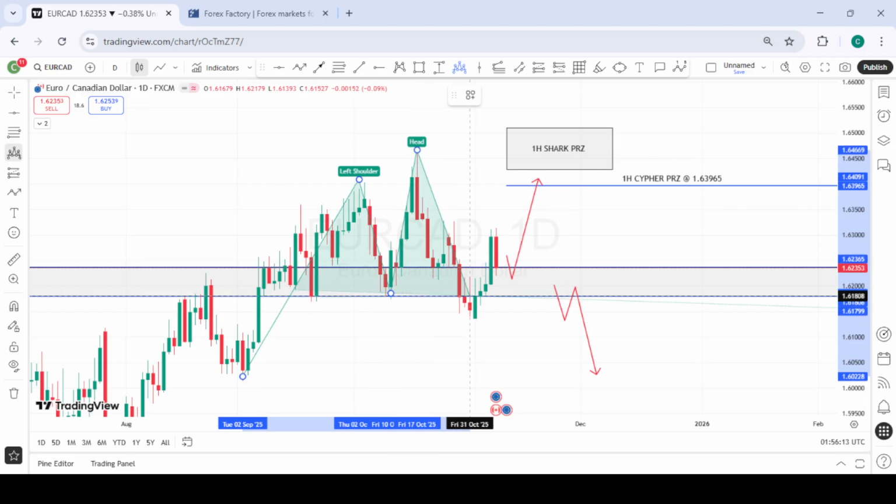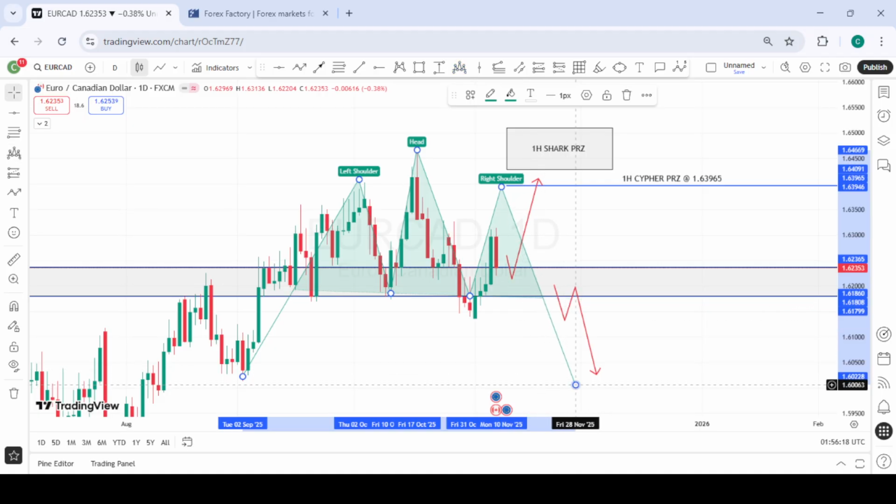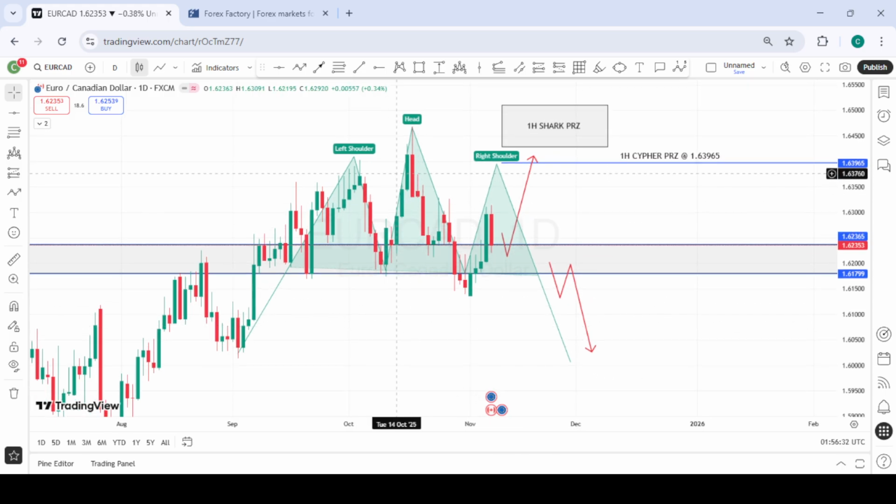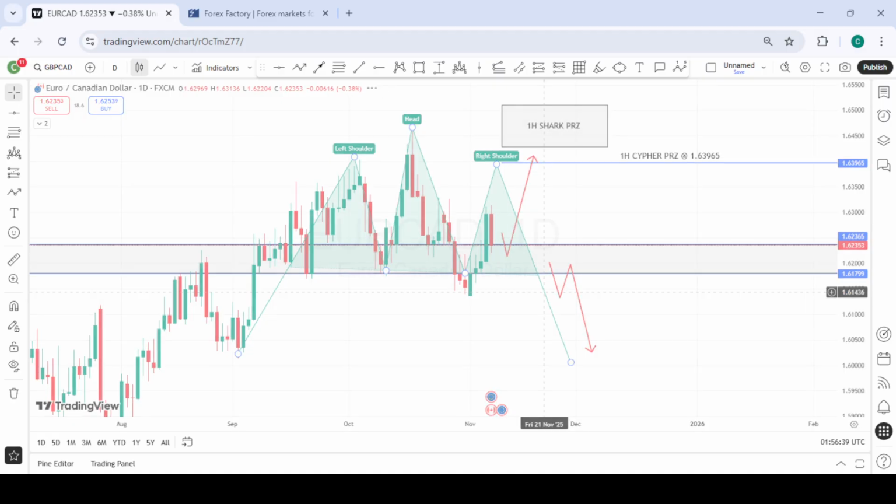So this could be the possible right shoulder that is now developing for us to look for sales to the downside. So it's going to be more like a buy to sell setup, and that can be confirmed. The sell side can be confirmed if we're able to get any strong reversals from any of these zones. Then we take ourselves to the downside, which is going to confirm our head and shoulder formation that we're looking out for here. But until then, we're going to look out for the buys before the sells.